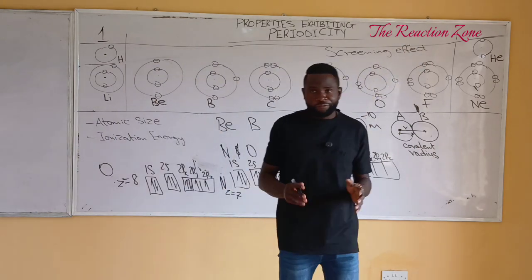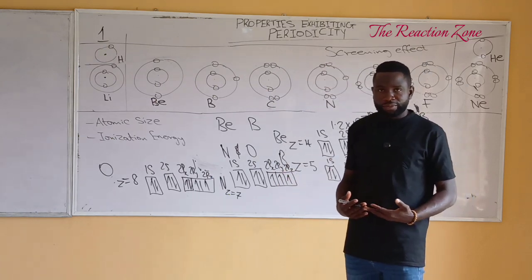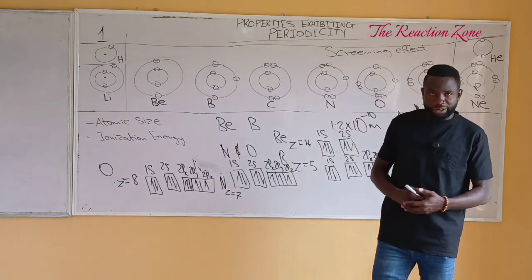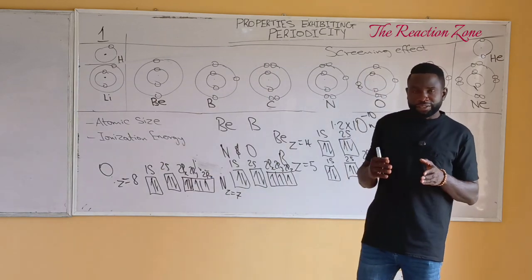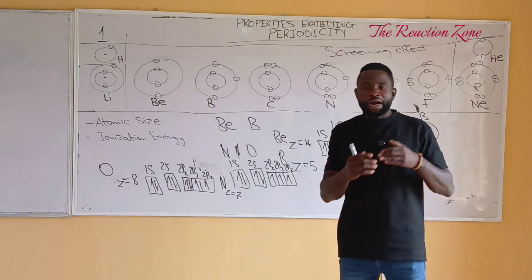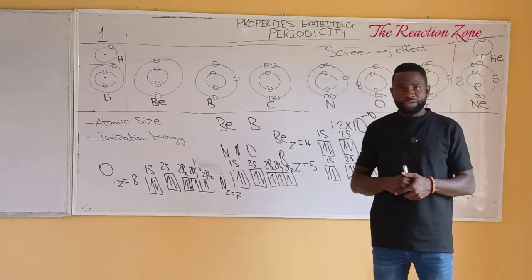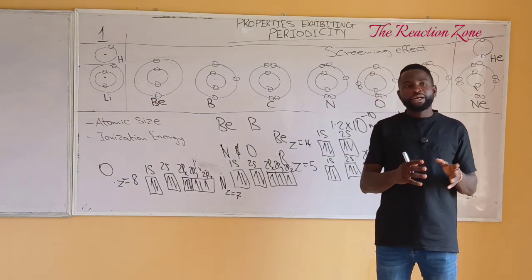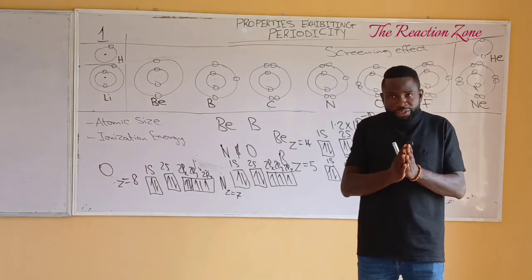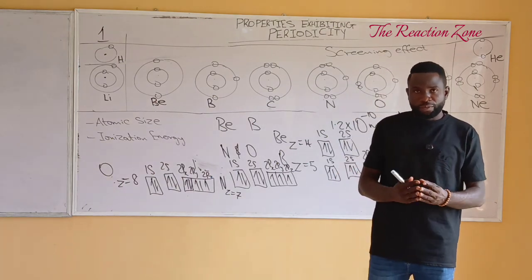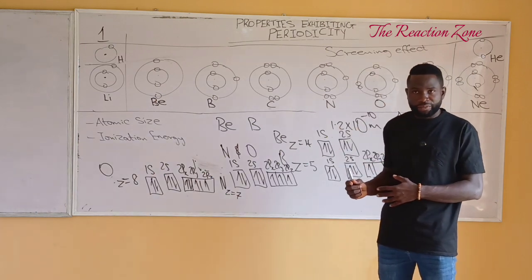The screening effect of outer electrons by inner electrons further increases the distance of outer electrons from the nucleus. As a result, outer electrons are under a reduced influence or effect of the nuclear charge.